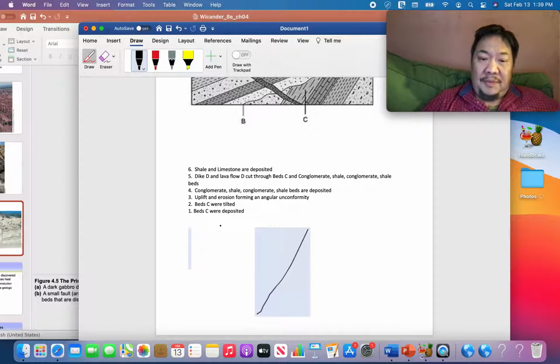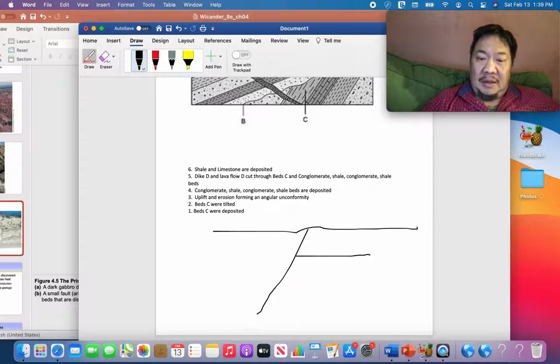Let's say you're looking at a picture and you see a bed of limestone, and we draw limestone with this brick pattern. And we see that same bed of limestone on the other side of the fault.